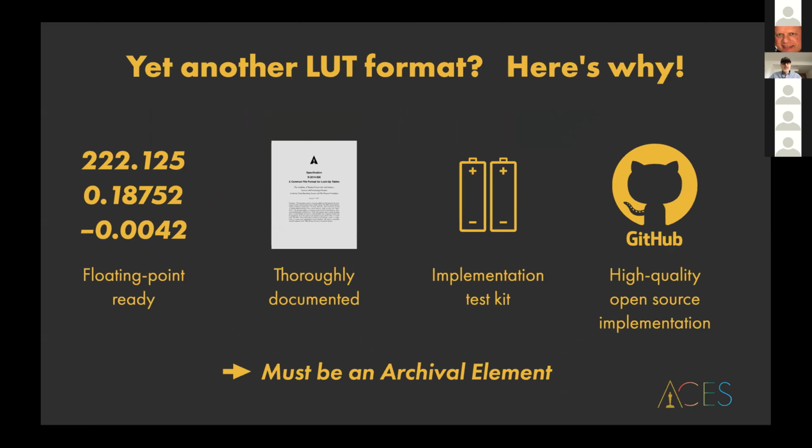So these are the 4 primary requirements. Of course it's ACES, so it has to be floating point ready on input and output. It needs to be thoroughly documented with a peer-reviewed, published specification. J.D. Vandenberg from Disney chaired the spec drafting working group, which concluded last year, and that spec is now part of the ACES 1.2 release.